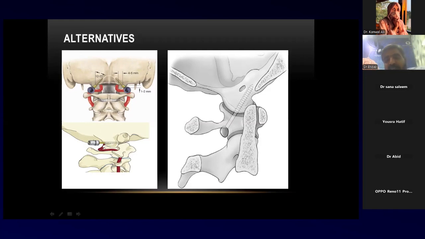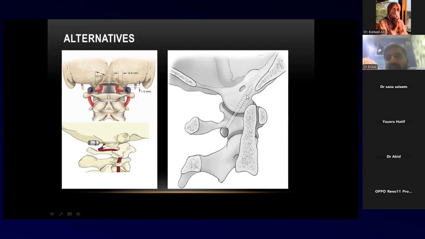Okay, so as alternatives, we have two techniques. One is the condyle C1 polyaxial screws, and the second is the transarticular C1 condyle technique, which is similar. A single screw you will put in the mid of the lateral mass of C1, then it goes upward at about 45 degrees until it touches half of the condyle.